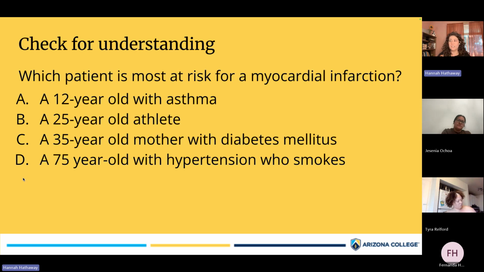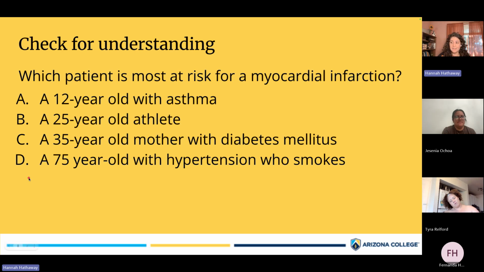So another way to ask this question: who's most at risk for atherosclerosis? What is atherosclerosis? It is inflammation of the vascular endothelium that causes those plaques that are mostly made of fat. So anything that increases vascular inflammation or causes damage, or anything that increases lipid in the blood, fat in the blood, that's going to be our answer here.